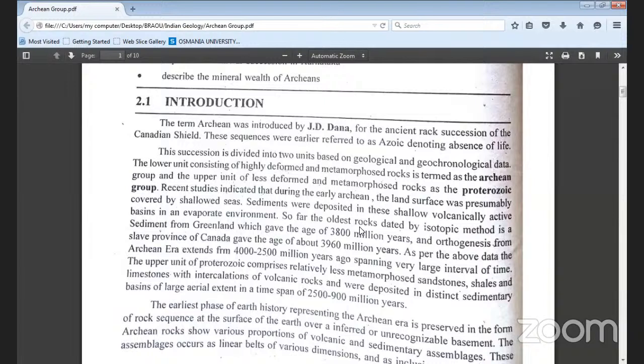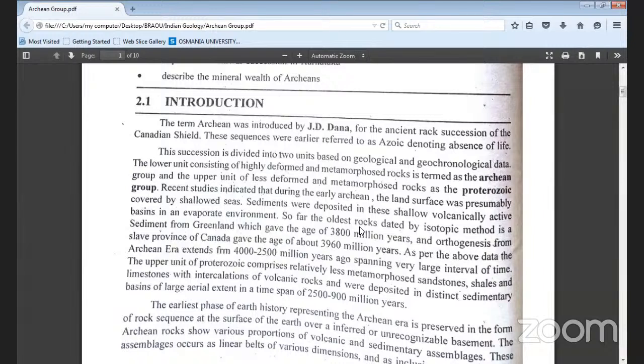The sequences were earlier, related to the Azoic. Azoic means an absence of life. The succession is again divided into two units based on geological data and geochronological data.